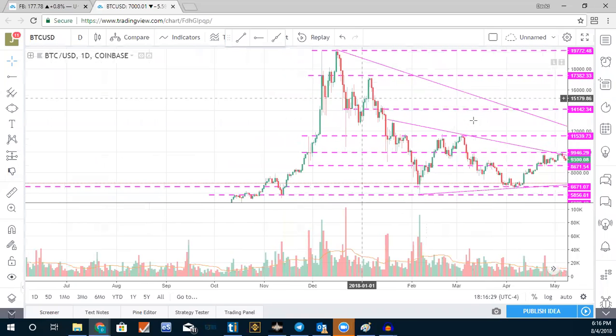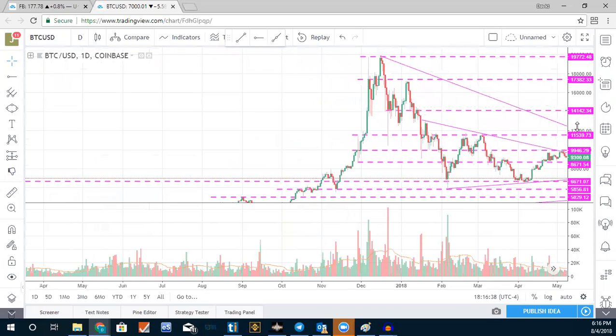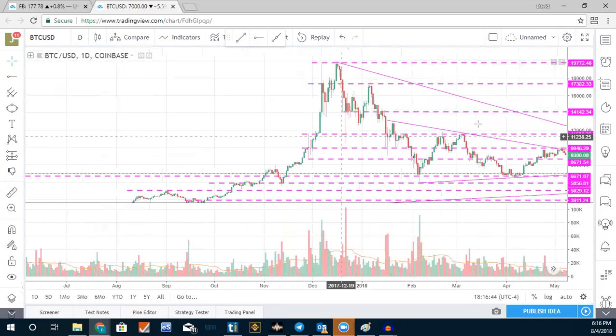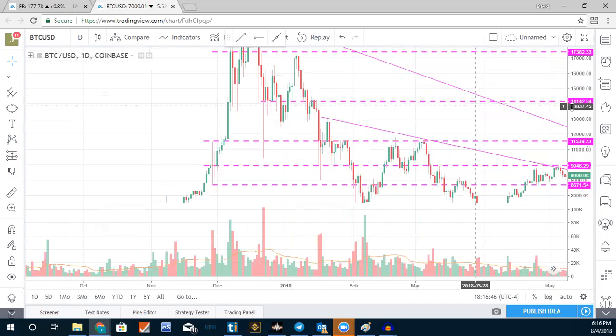This was basically the sign that the dump was beginning. The closing price of this day was right here at this 14,000 region, and you see how that was significant through here. You get a bounce right off of here, and you get a couple of rejections and closes right on that pivot.